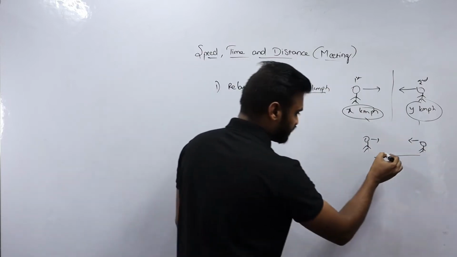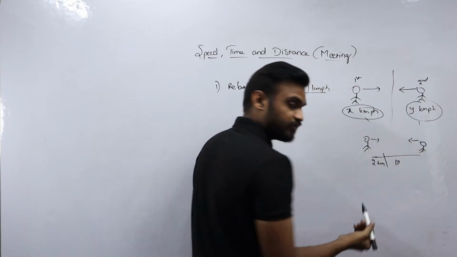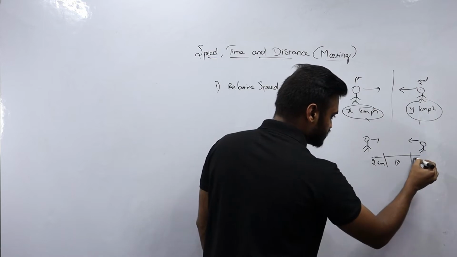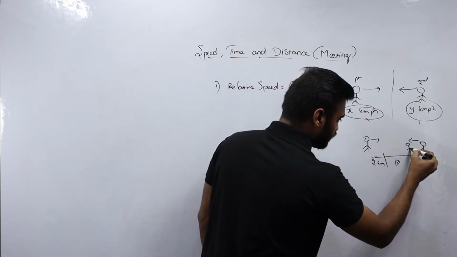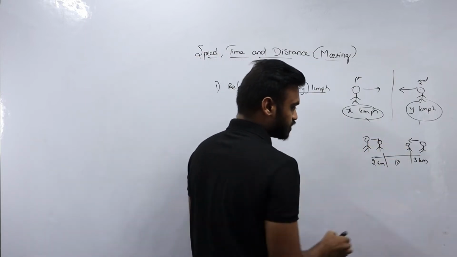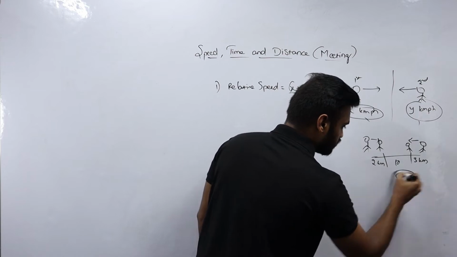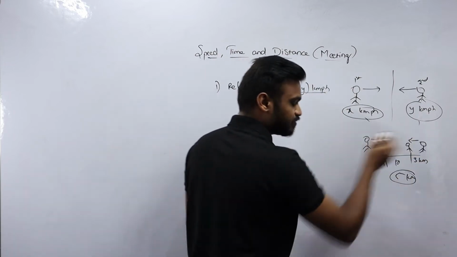In this 1 hour, the first person completed a distance of 2 kilometers. In the same way, the second person has completed a distance of 3 kilometers. Now the second person is here and the first person is here. What is the final distance between the first and second person? Only 5 kilometers now, because 2 plus 3, that is 5 kilometers, is already completed by the first and second person.